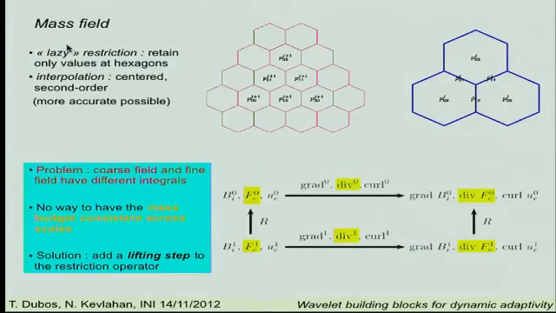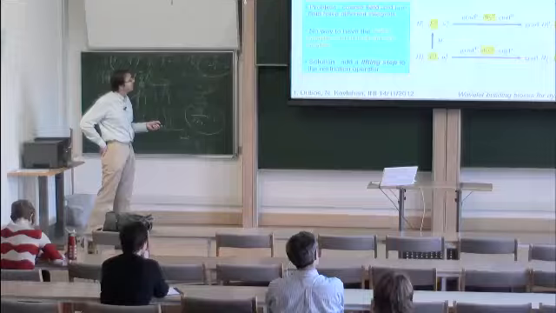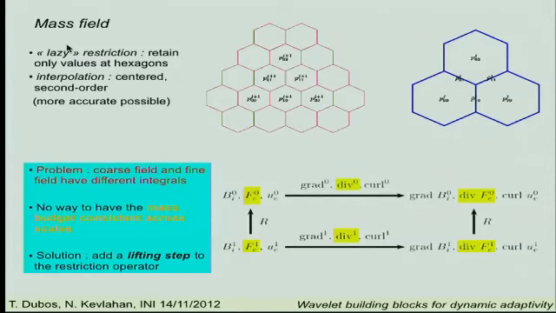So if it's the divergence of something, it has a zero average. And the only way to make sure that this has a zero average is if this mass restriction operator conserves the average of what you're taking on the fine grid, which is obviously not the case here, since I'm just dropping all that information here.